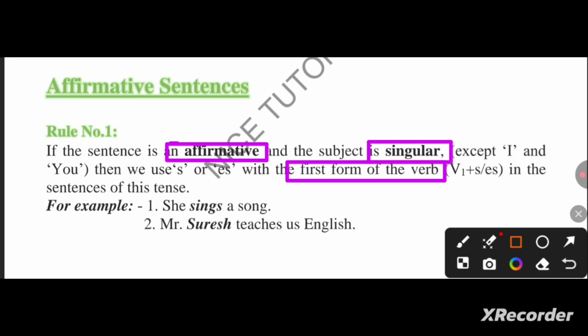You can notice over here, she sings a song. Here we have used the letter S with the verb sing because the subject is singular, which is she.